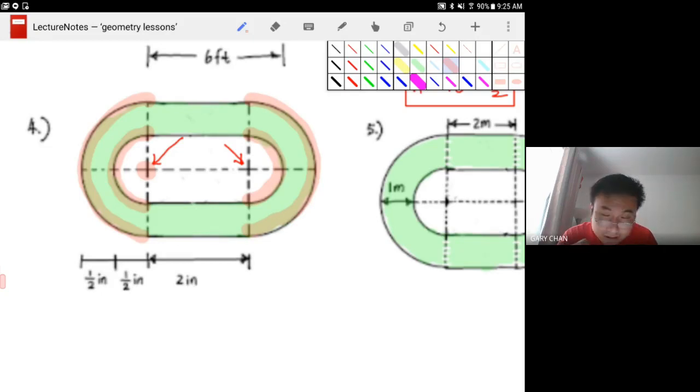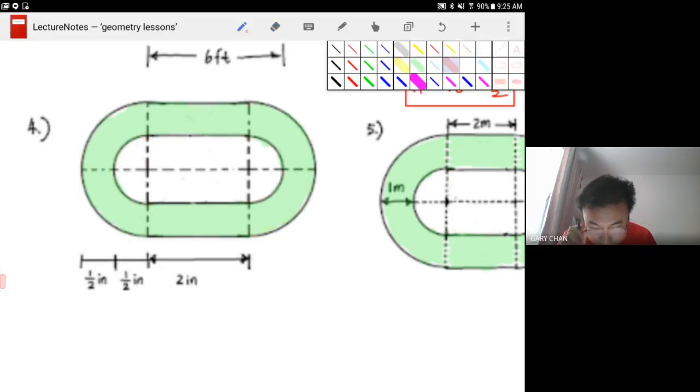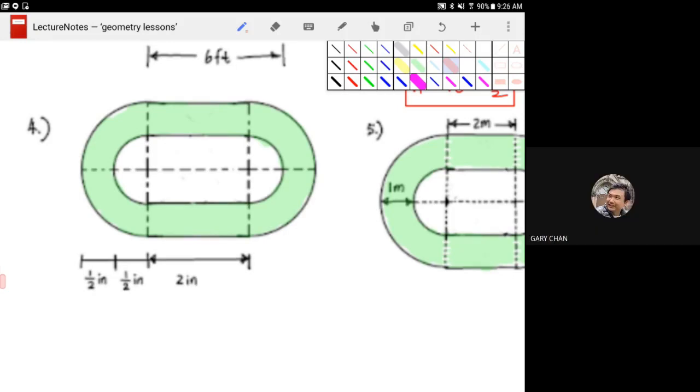Now, upon inspection, we actually have a composition of shapes. Do you recognize that we have different size rectangles and different size circles at play? Think of it like a racetrack almost.